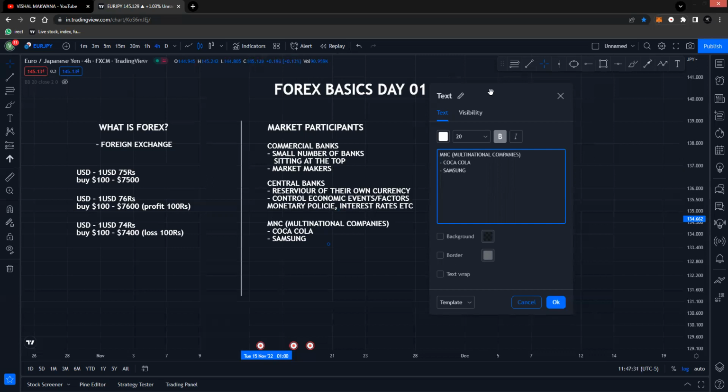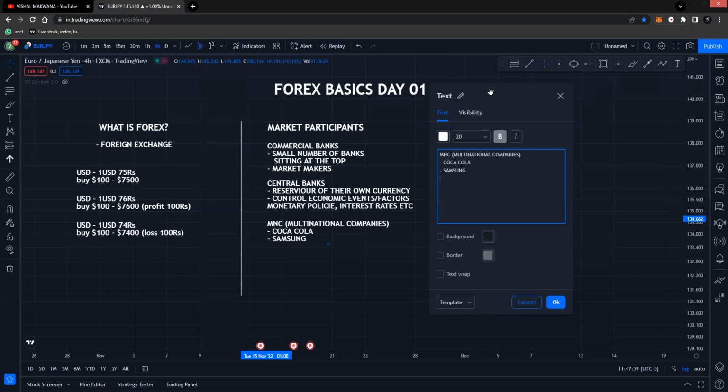If Indians are making goods and selling to Japan, that means they are doing international transactions, right? They are participating in the foreign exchange market. And by doing this business, India may get huge profits. That means the economy of India is rising. As it rises, the value of Indian rupees also goes higher.